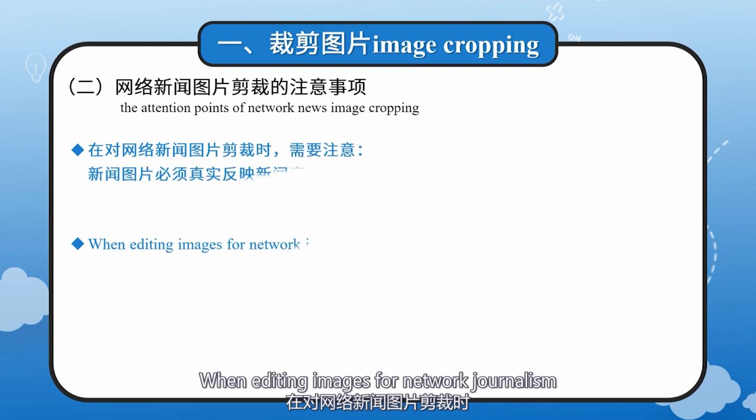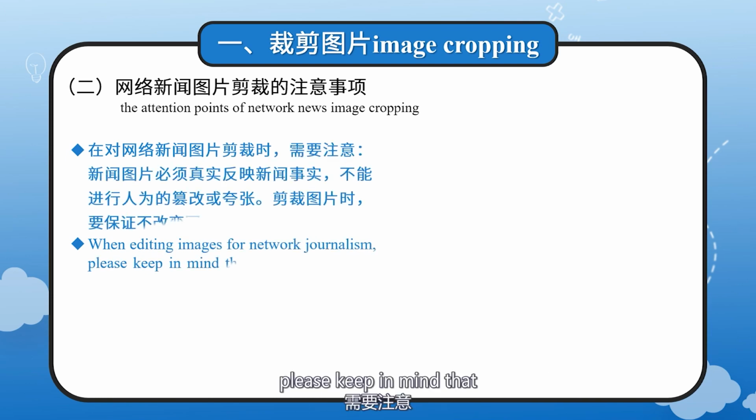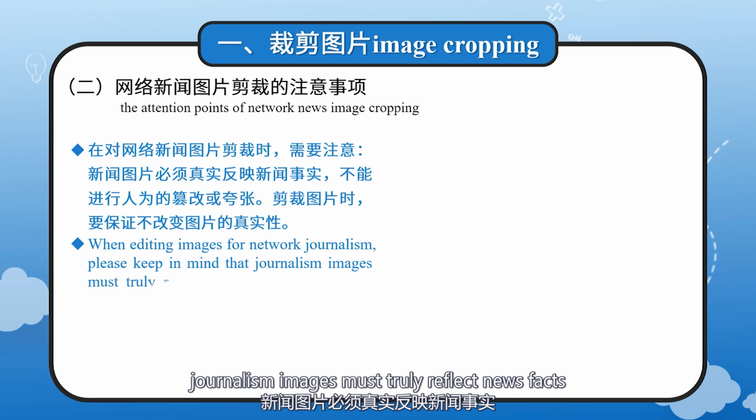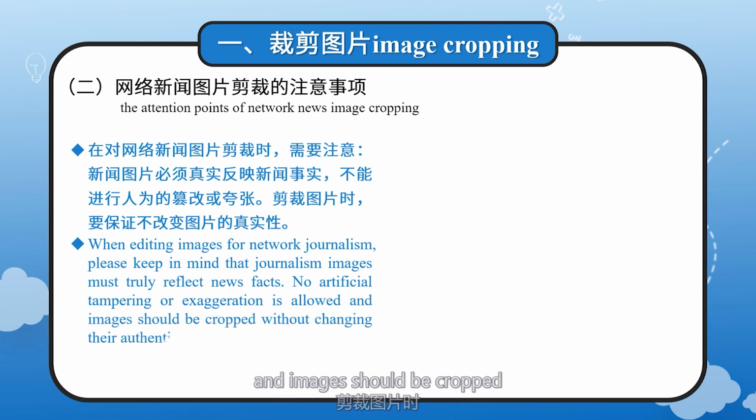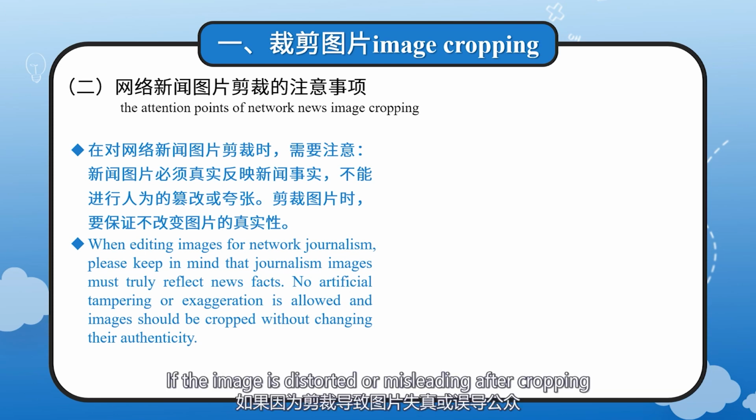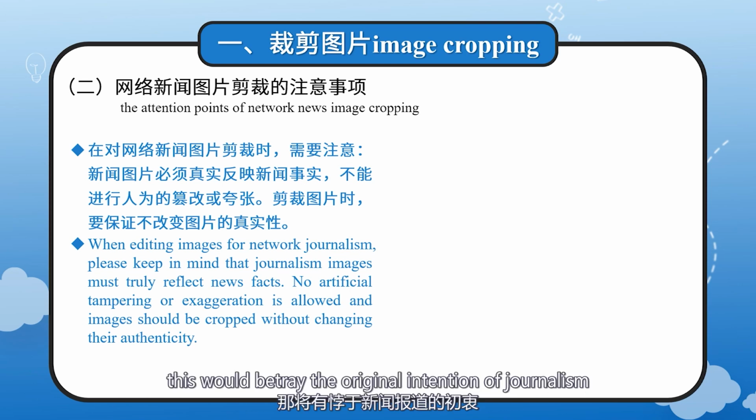When editing images for network journalism, please keep in mind that journalism images must truly reflect news facts. No artificial tampering or exaggeration is allowed, and images should be cropped without changing their authenticity. If the image is distorted or misleading after cropping, this would betray the original intention of journalism.